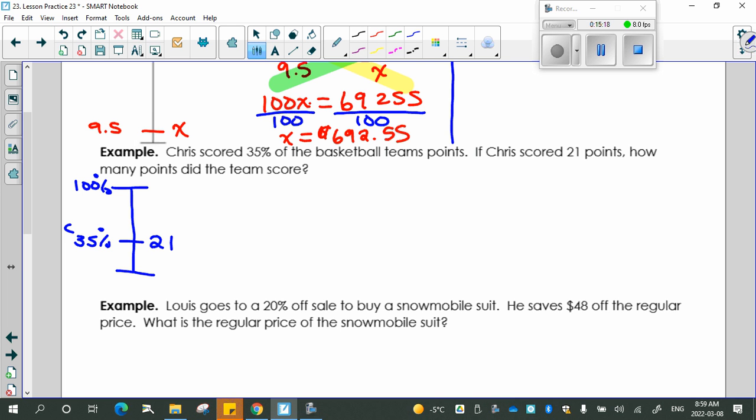So the total points the team scored is 100% of the points up there. Once you've got that, then you can make your proportion. 100 over 35 equals X over 21. And then once you've got your proportion, it's just like yesterday. 35X equals 2100.